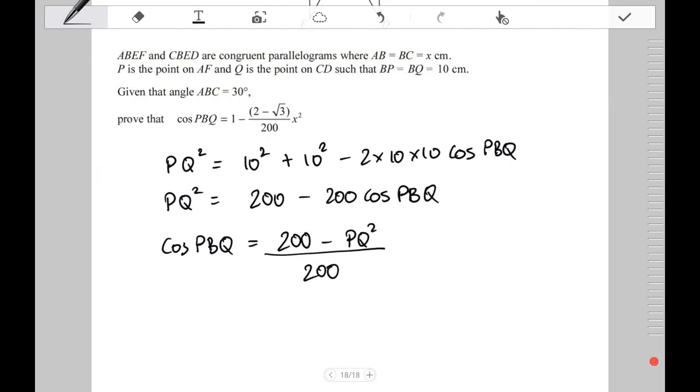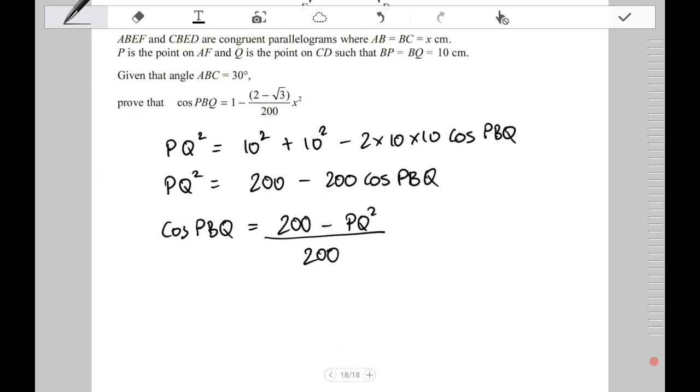Okay, so we've got this so far. Now we need to work out what PQ squared is.